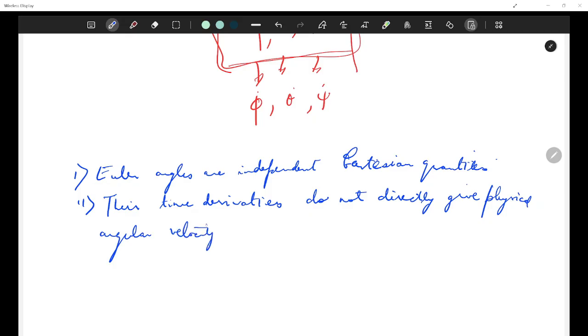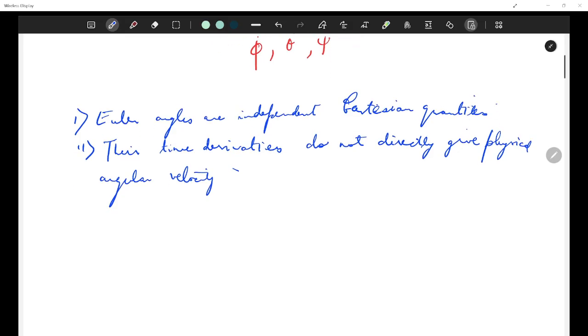Instead, we derive angular velocity from the rotation matrix.